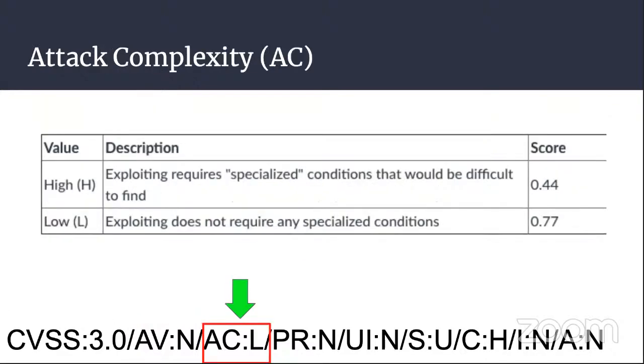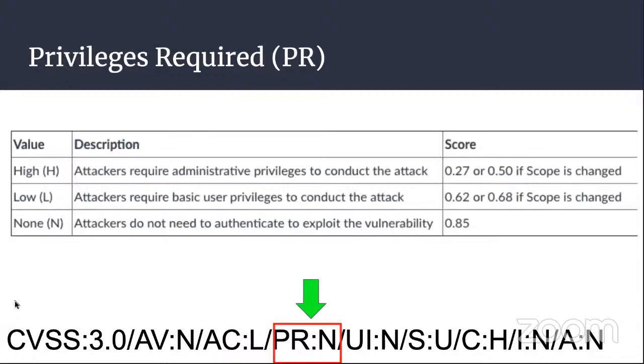The next section is the attack complexity. It describes the difficulty of exploiting the vulnerability. Either high or low, and both have their specific score. Next is privileges required. It describes the type of account access that an attacker would need to exploit a vulnerability. And it's either high, low, or none.